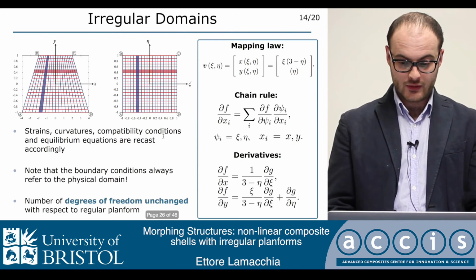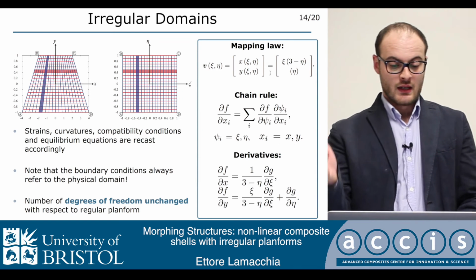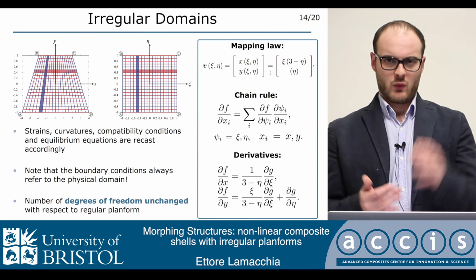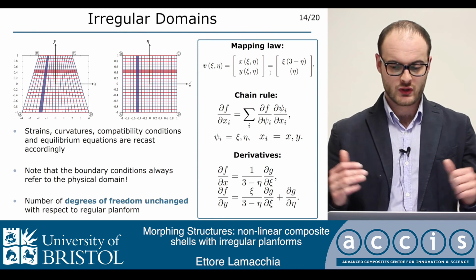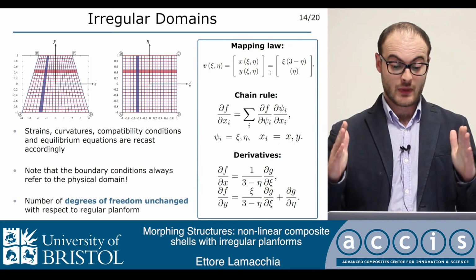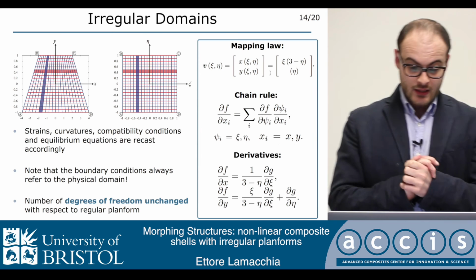And we end up finding a mapping law which is this one, that we apply to all our governing equations, strains, curvatures, compatibility condition, equilibrium equations, bearing in mind that the boundary conditions always have to be applied to the physical domain.